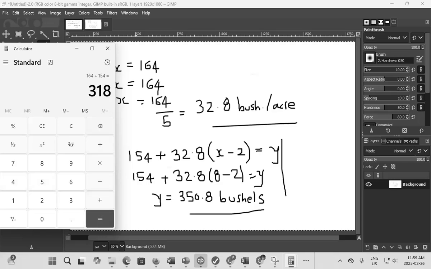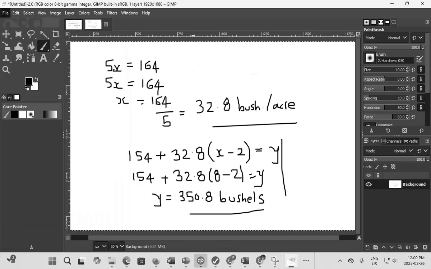Remember, after 2 years of operation the yield was 154, and later you add another 5 years of operation. Whatever the increase in yield within the next 5 years plus what you started off with, 154. So 164 plus 154 is 318 bushels.